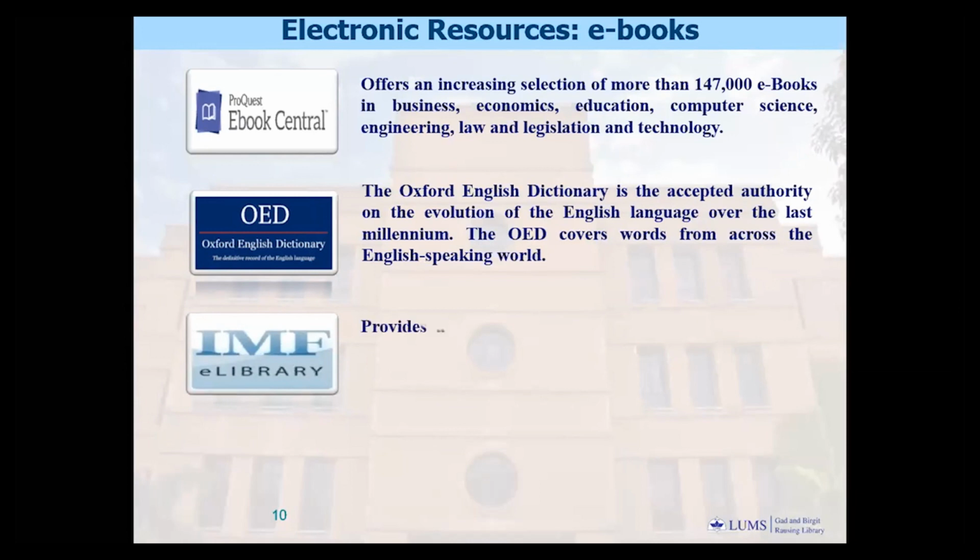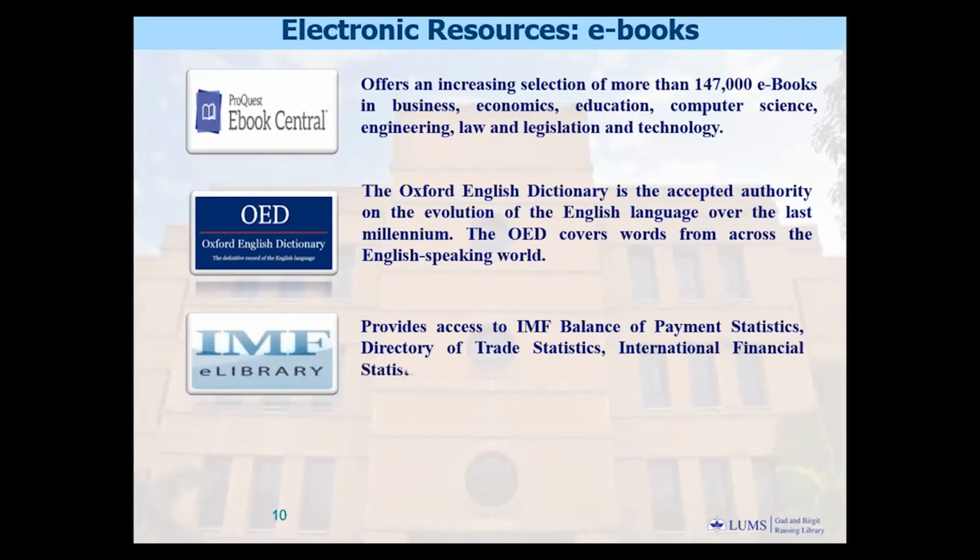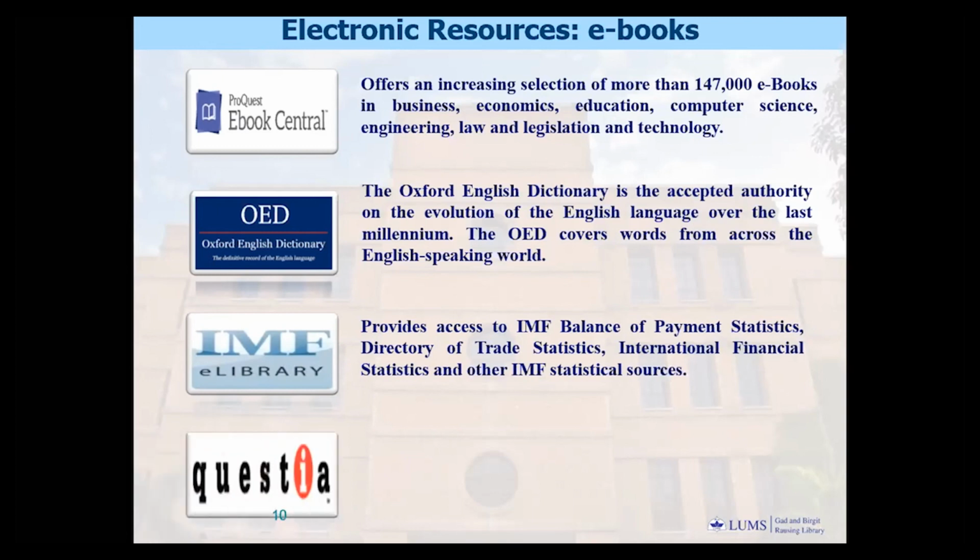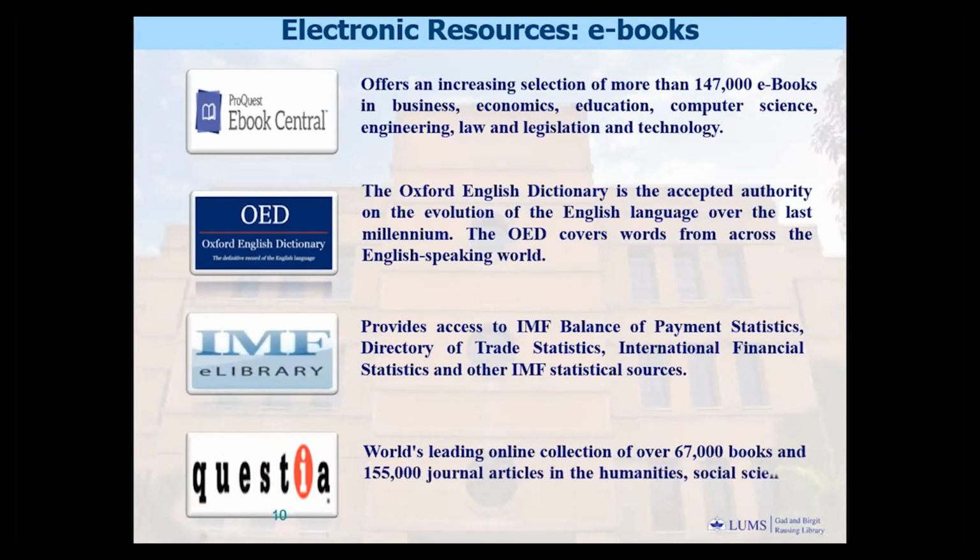There is the IMF eLibrary, which provides access to IMF balance of payments statistics, direction of trade statistics, international financial statistics, and such other material published by the IMF. Questia is also an ebook library database which provides access to more than 67,000 books and 55,000 journals in humanities, social sciences, and management studies.